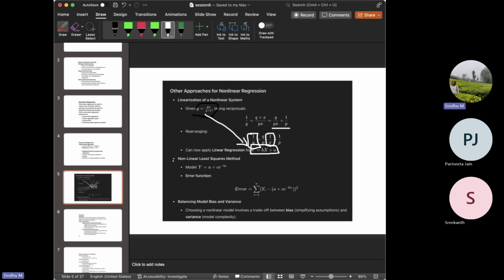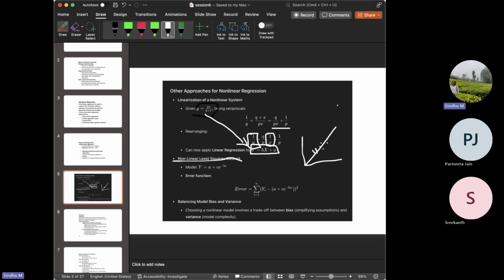The second method is the nonlinear least squares method. In the previous lecture, we discussed the least squares method. Basically, if you have a set of points and you have to fit a line, the line will try to minimize the distance from the predicted value to the actual value.